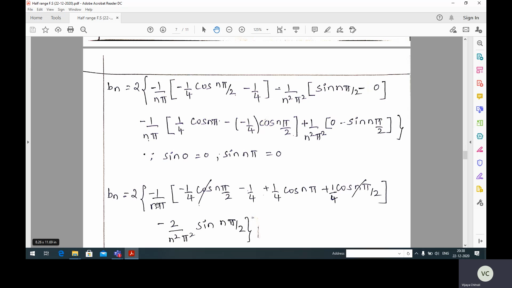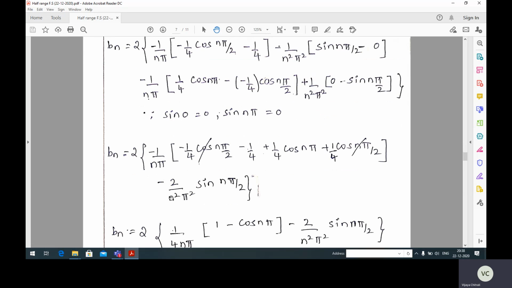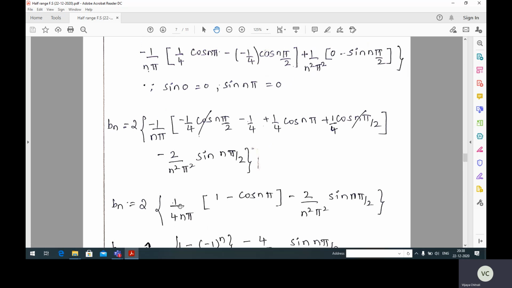So this is equal to 2 into minus 1 upon n pi, minus 1 by 4 cos n pi by 2 minus 1 by 4 plus 1 by 4 cos n pi plus 1 by 4 cos n pi by 2. Both plus and minus cancel, minus 2 divided by n square pi square sine n pi by 2. So 2 into 1 upon 4 n pi, this minus 1 upon n pi and this minus 1 upon n pi, right?